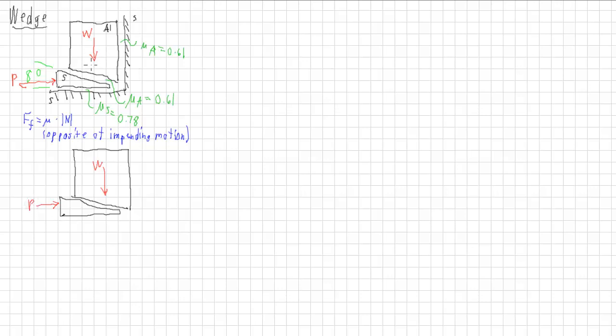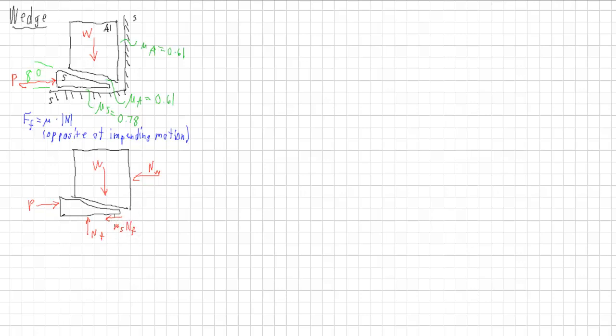And at each wall we have a normal force. We'll call this normal force at the wall, and here at the floor we have a normal force at the floor. And to go backwards, we have a force of friction. I'm just going to fill in mu s times the normal force of the floor.